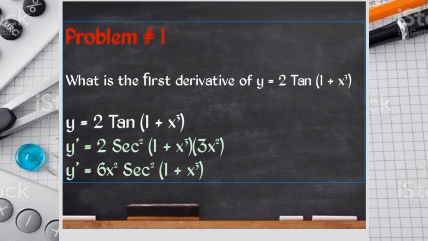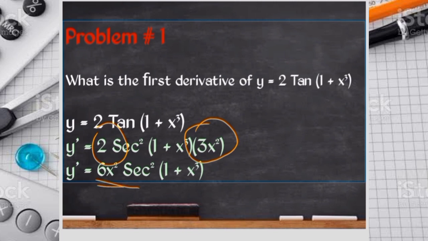Problem number 1. What is the first derivative of y equals 2 tan times 1 plus x cubed? y equals 2 tan times (1 plus x cubed), so y prime equals 2 sec squared times (1 plus x cubed) times 3x squared. y prime equals 2 times 3x squared equals 6x squared.